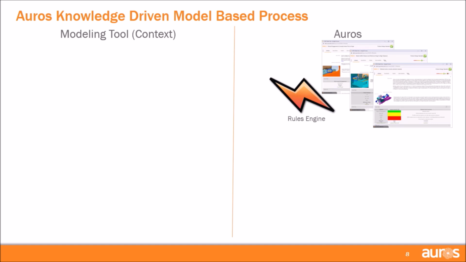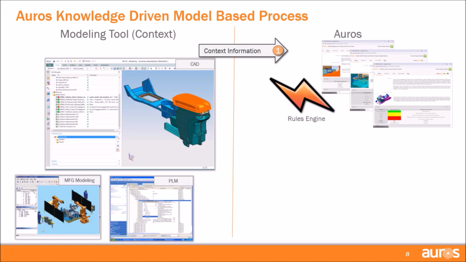So how does the provisioning portion work? Let's go through that. Over here you see the rules engine. We have Auros, or the knowledge repository, on the right. And then what you have on the left are the modeling tools. So either a CAD application, or going back to our model-based engineering slide, maybe there's a manufacturing model, or a validation model, or system model.